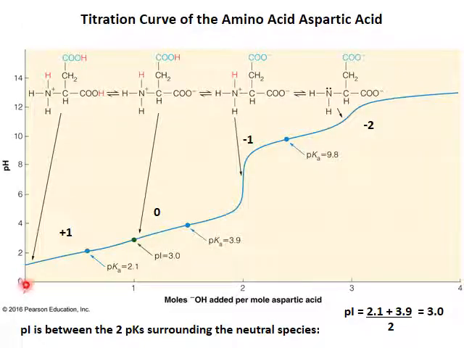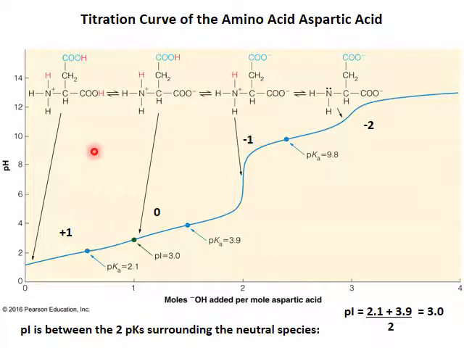So let's take a look at the titration curve of the amino acid aspartic acid. Shown above are the different chemical structures of aspartic acid as it goes through a series of deprotonation steps.